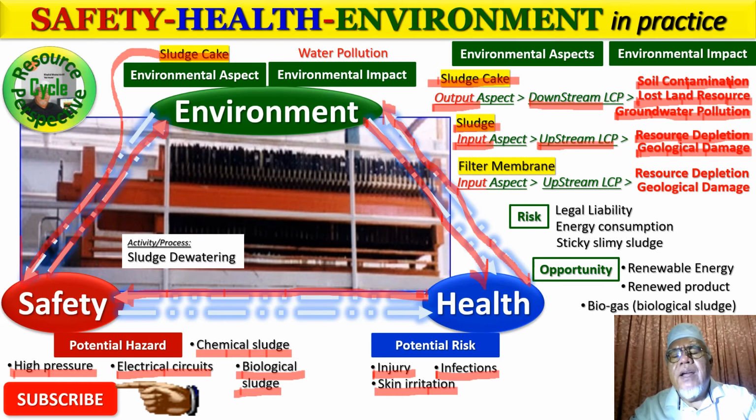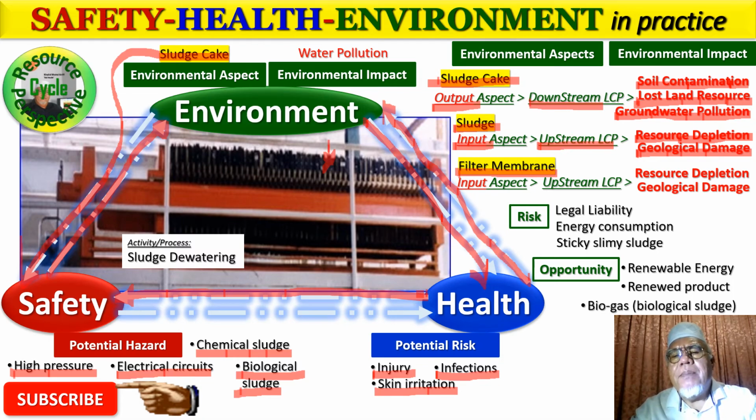Another environmental aspect of concern is the filter membrane. In this system it is embedded over here. These are all elements containing filter membranes. When it is pressed, the sludge is retained and water is let out through the membrane, and the filter membrane is an environmental aspect. It does interact with the environment and cause environmental impact.